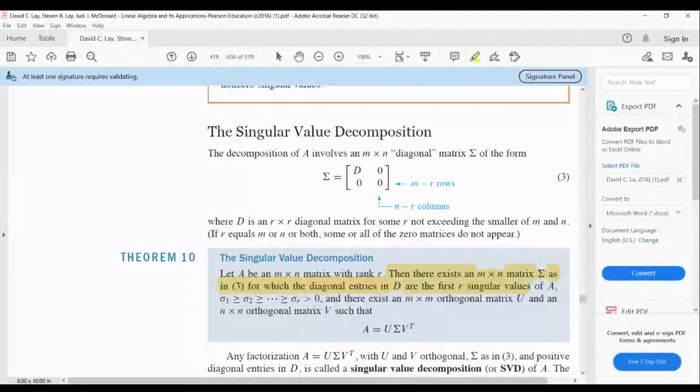This is going to be all clear in a moment. What we want to do is express this matrix A as the product of a matrix U times this matrix sigma times the matrix V transpose.